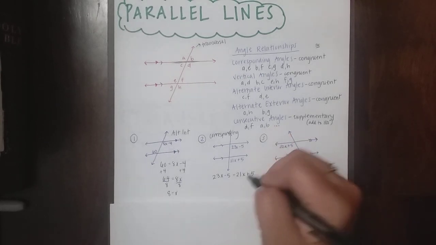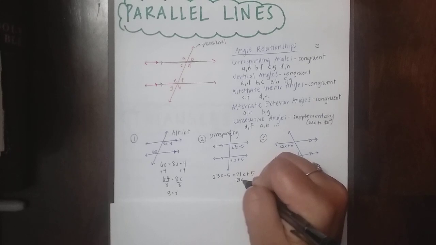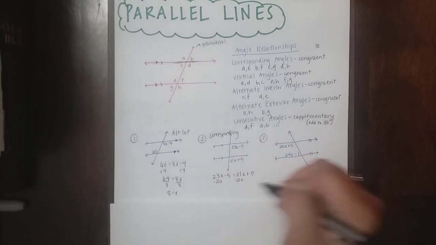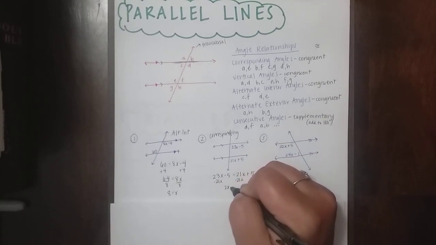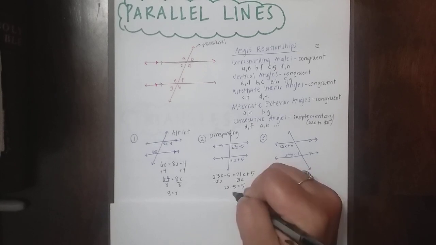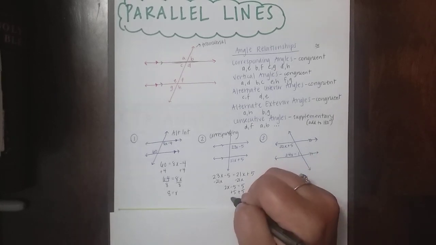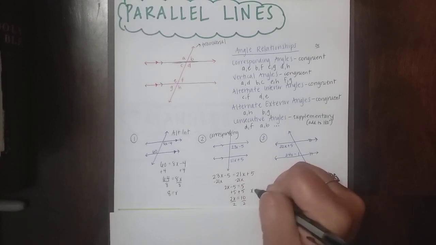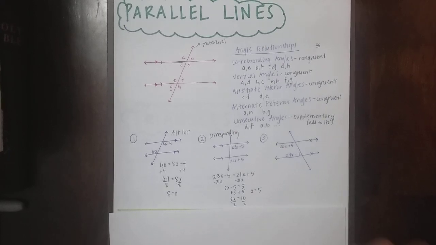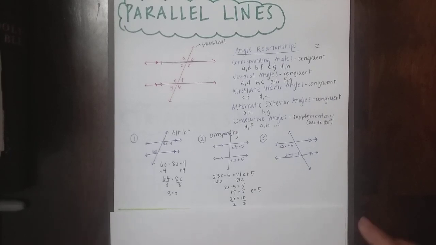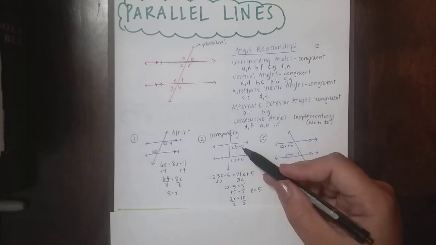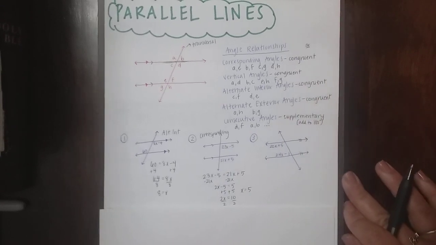First I'm going to get the x's on the same side, so I'm going to move the 21x over. 23 minus 21 is 2. And then add the 5 over. So then we got 2x equals 10. Divide by 2. So we get x equals 5. And again, if it wanted x, we would stop there. If it wanted the angle, you'd plug it back into one of these.